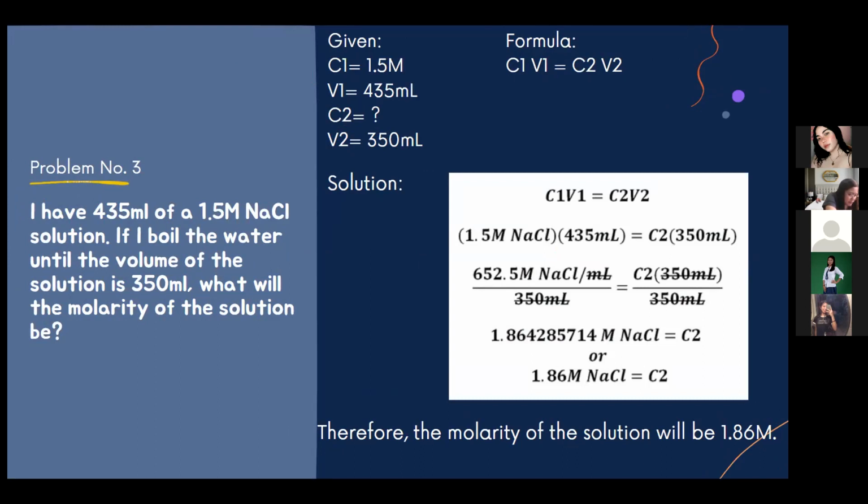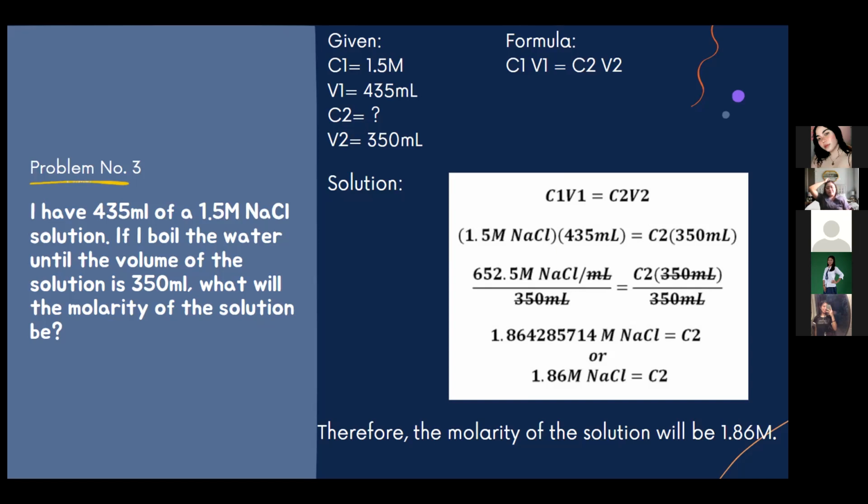To get the final concentration, we are using the formula C1V1 is equal to C2V2. So 1.5 M sodium chloride multiplied by 435 ml is equal to C2 multiplied by 350 ml.